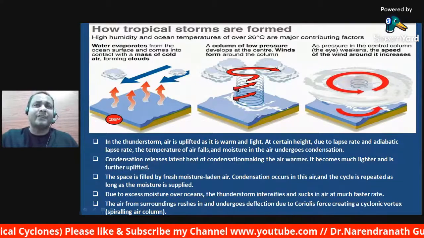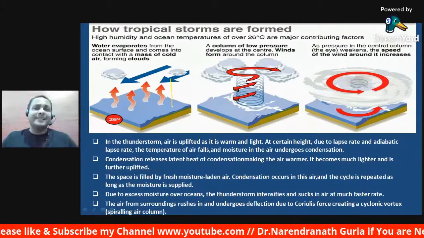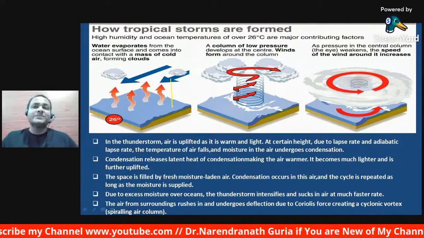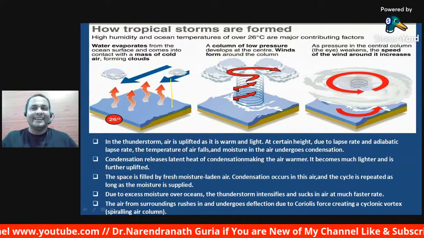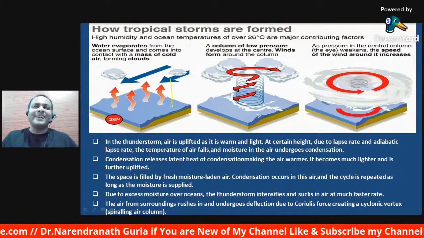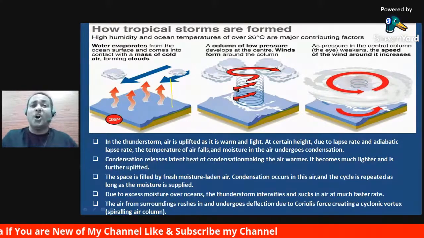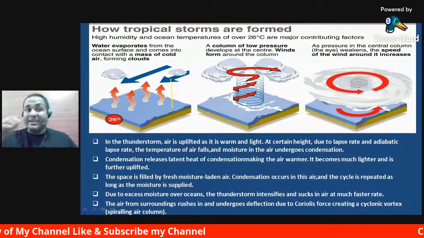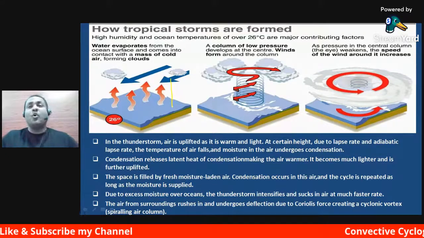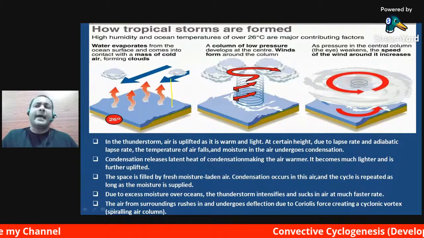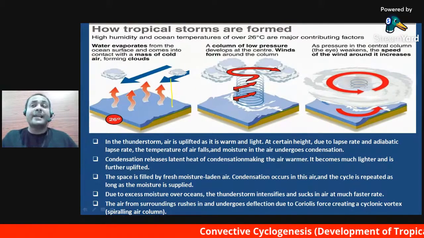The space is filled by fresh moisture, and condensation occurs in this air and the cycle repeats as long as moisture is supplied. Due to the excess moisture over the ocean, the thunderstorm intensifies and air rises at a much faster rate.